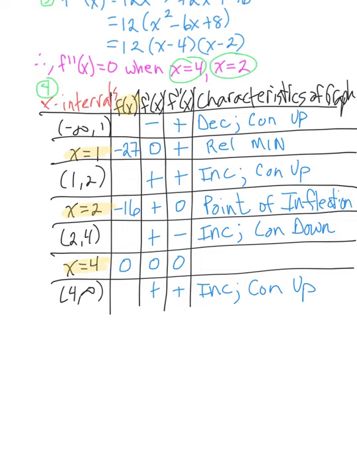Remember, a point of inflection means that we're going from a concave up, meaning looking like this, to a concave down, meaning looking like this. Oops, like this. Sorry. So we're going from an up to a down. So somewhere it's breaking that. And the point of inflection is not a relative max or a min. So bear that in mind as well.